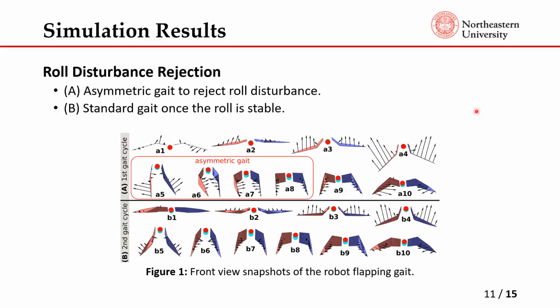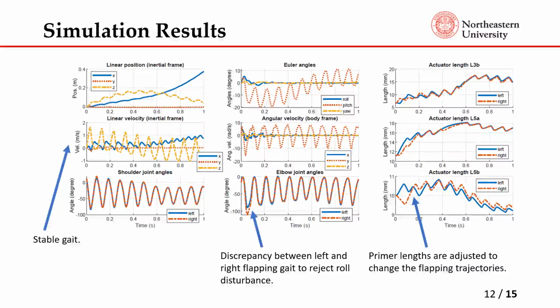These asymmetric gaits recover some of the roll disturbance, and allow it to reach a stable, almost symmetric gait as shown over here. So it's a pretty straightforward application of this nonlinear MPC work to stabilize the system. This is some data of that simulation as shown here.